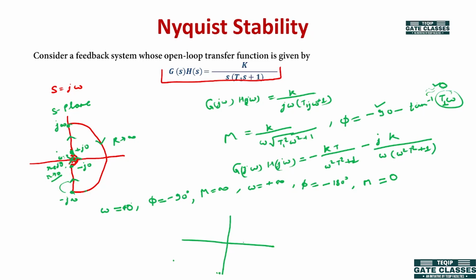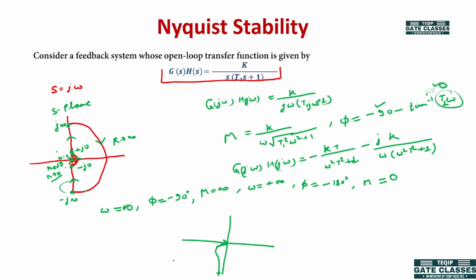Okay, so somewhere here is the point, and when ω is plus infinity, our phi is minus 180 degree, that means somewhere here would be the angle, and our M is 0. Okay, so we may have a curve of this shape.